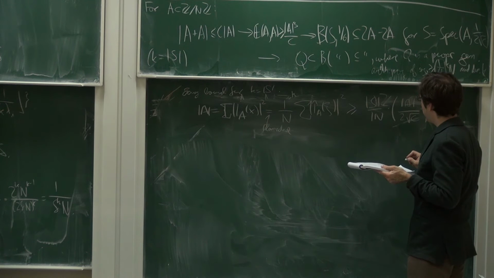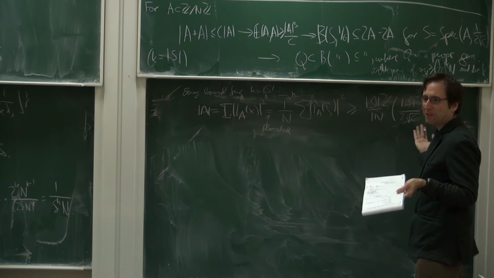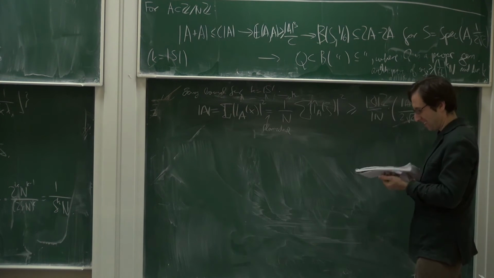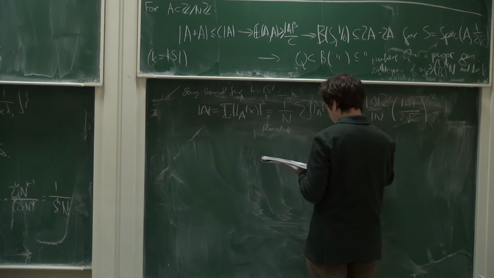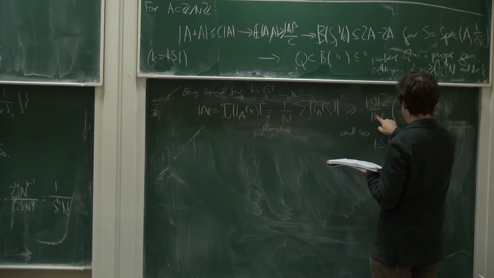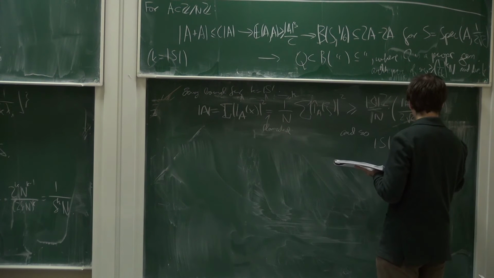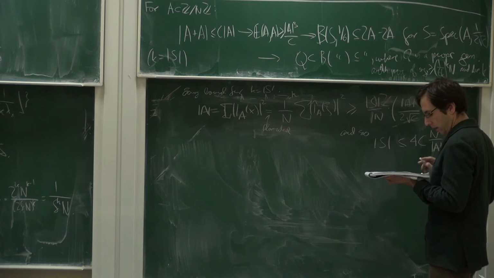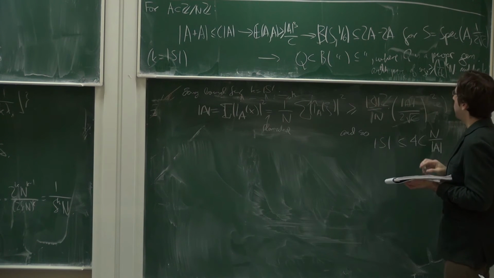Chebyshev, yes, you could say it's Chebyshev. And so, just dividing, we get that S is at most 4c times n over A. Very well, so at least we have an explicit bound for k.